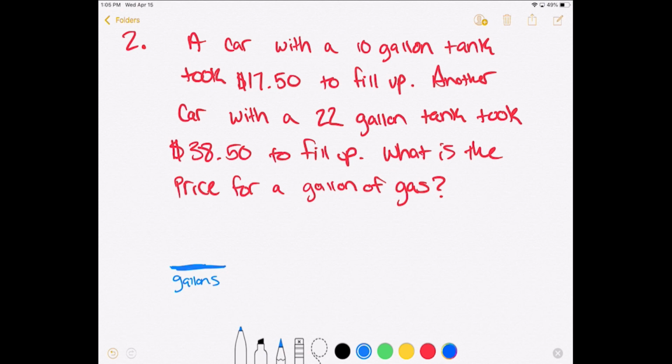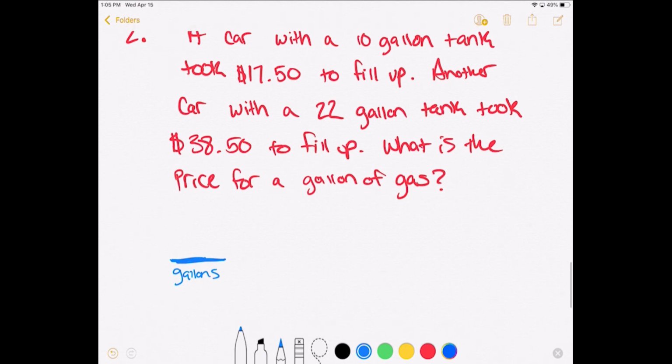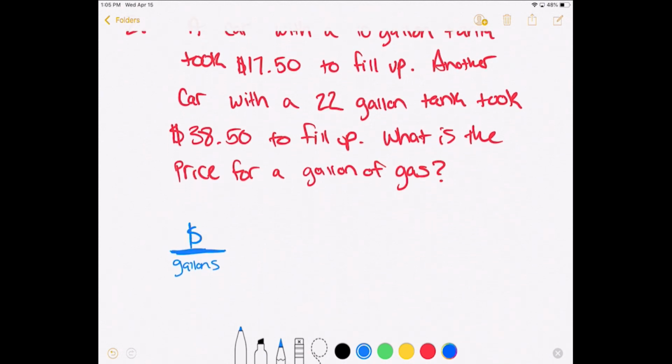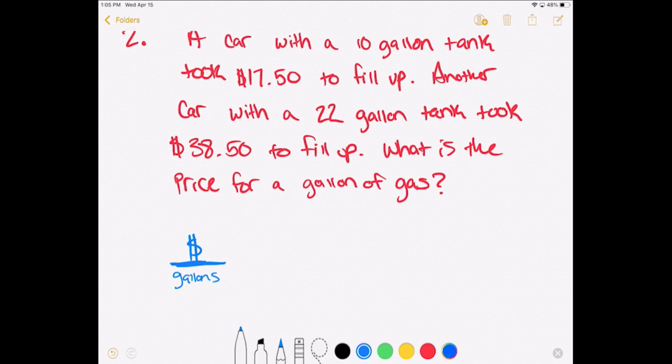Now, what changes, though, is how much money I spend. The amount of gallons of gas I need causes us to spend so much money. So basically what I'm trying to say is the money is dependent, right? The money is dependent on how many gallons of gas you need.